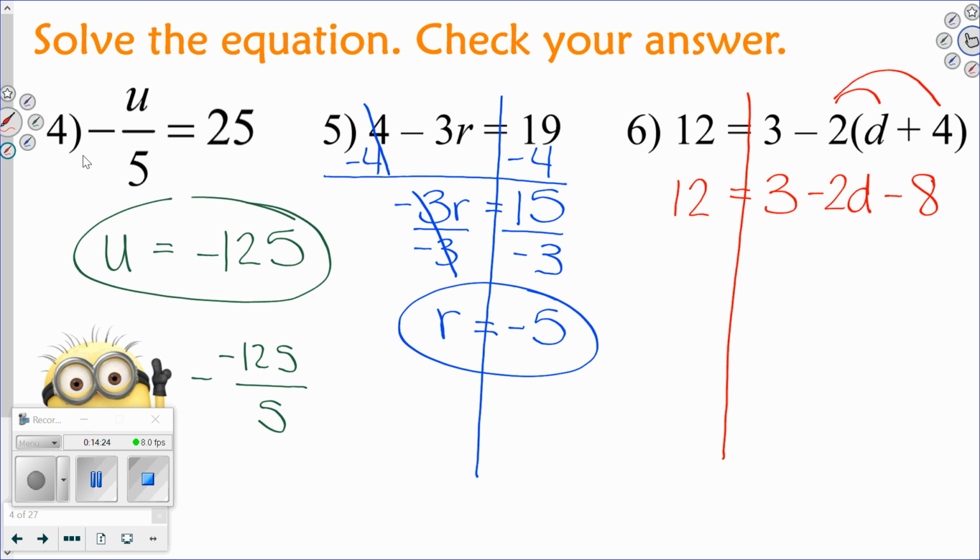Good. And then collect your like terms. I have a 3 and a -8. 12 equals 3 minus 8 is -5. Bring down the -2d. Now let me stop you guys real quick. The other thing I see students do a lot on something like that, they're like, yeah, the 3 and the -8, I'm going to put those together.